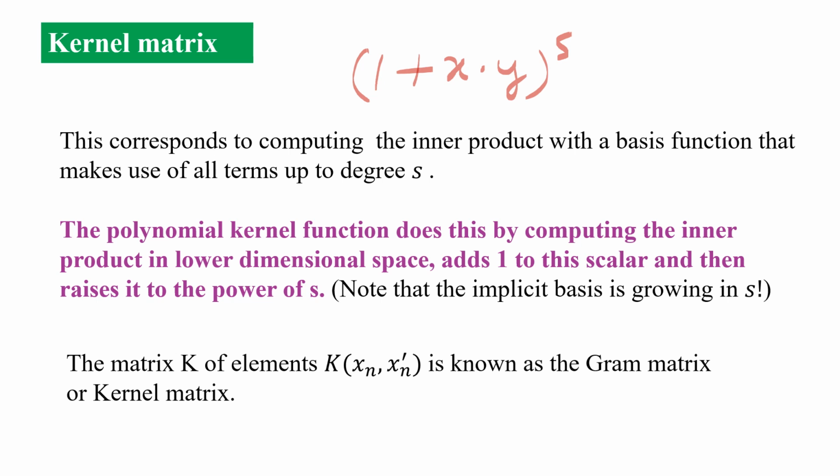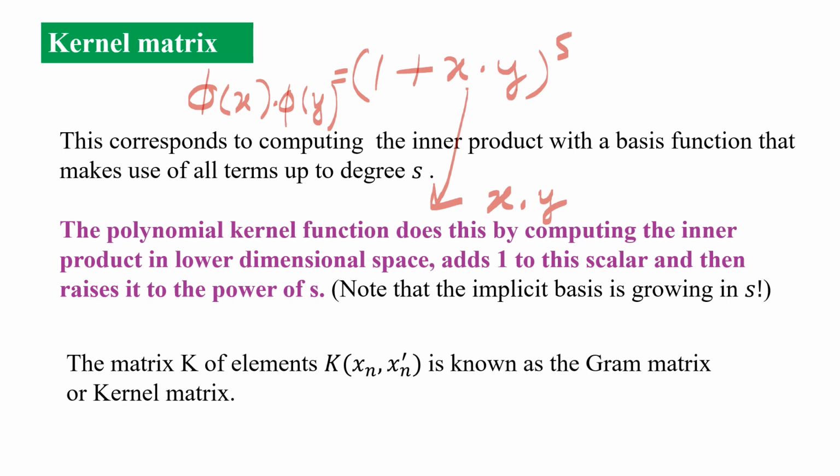That was when we talk of phi x into phi y, transformed into polynomial basis s. The polynomial kernel function does this by computing the inner product in the lower dimensional space, that is x dot y, adding 1 to the scalar and then raising it to the power s.